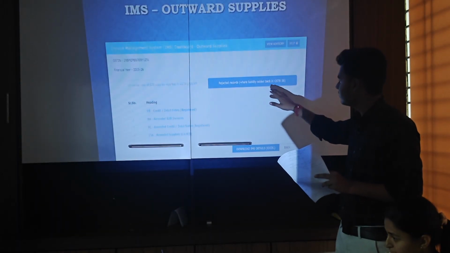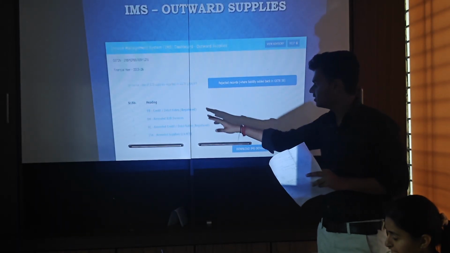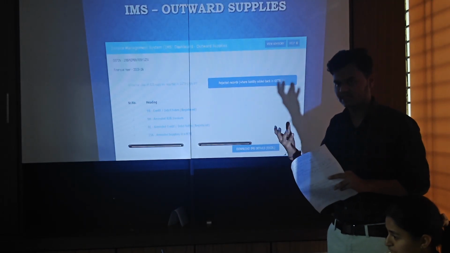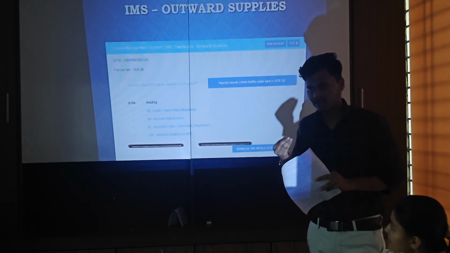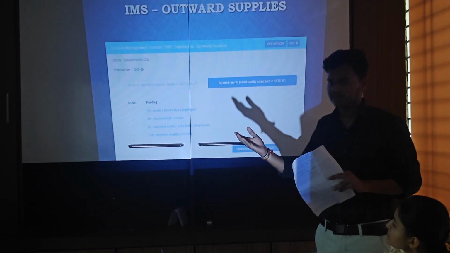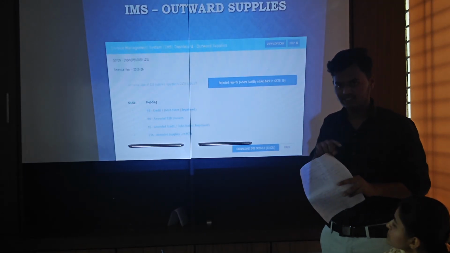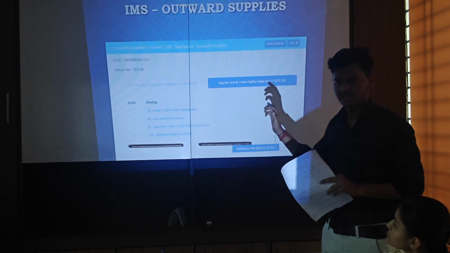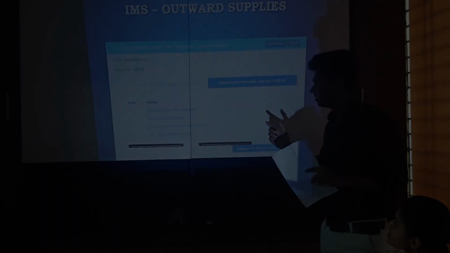And next, the rejected records are where liability is added back to GSTR 3B. There are 4 cases. If the supplier raises a credit note and the recipient rejects that credit note, then that credit note will be added back to our GSTR 3B, and the same is paid through the GSTR 3B.